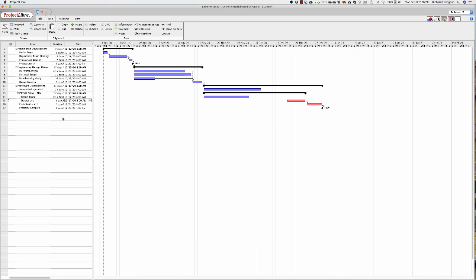But because the storage unit already knows they can't get it done until starting the 17th of December, the critical path for the rest of it is no big deal anymore. Now, if we change this back, we go back to what we had, and it takes a few moments for it to update, and then once it does, we're back to where we were.